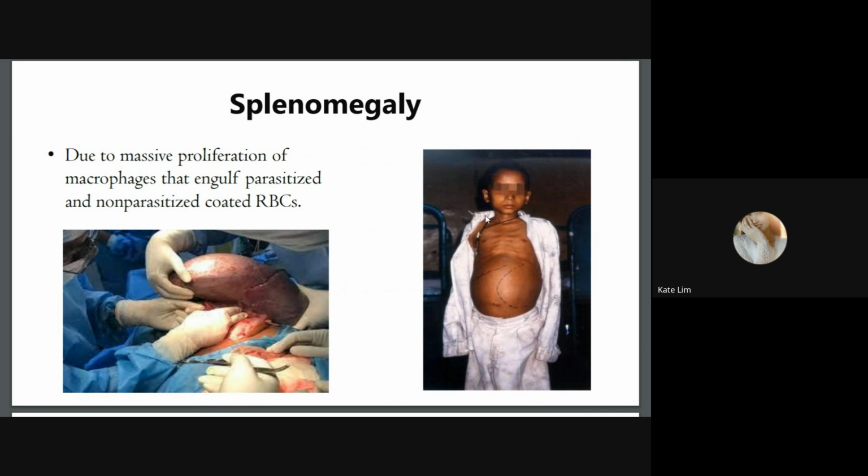Just this kid right here. Okay, so that is your HMS, or hyperreactive malarial splenomegaly. This is a real example of a patient undergoing splenectomy who suffered from malarial infection.